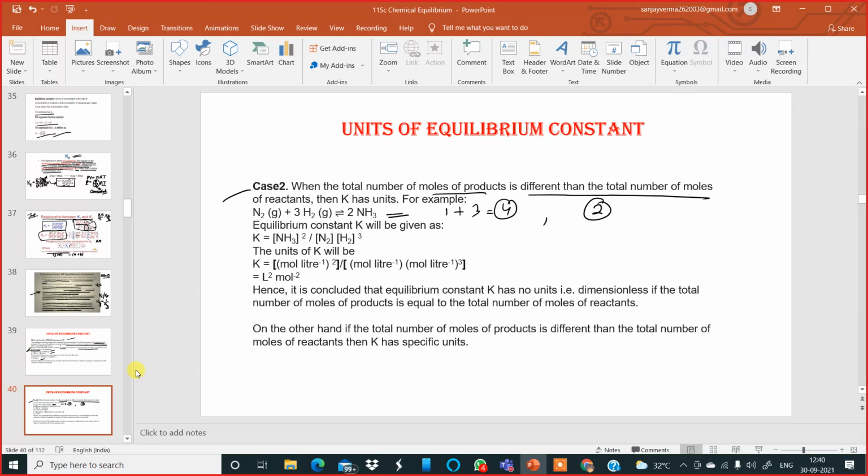So here the number of moles of the reactant is more than the number of moles of the product. In that situation, the unit of K will be (moles per liter) to the power of 2 divided by (moles per liter) to the power of 4. So we get the final unit as liter squared per mole squared, that is mol to the power of minus 2. In such a situation, there will be a unit.